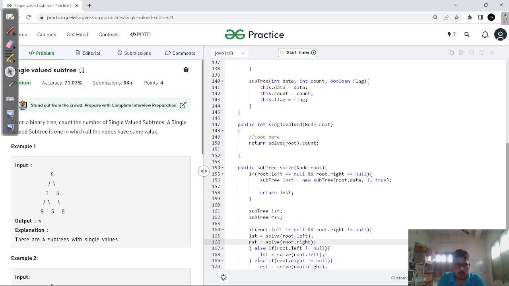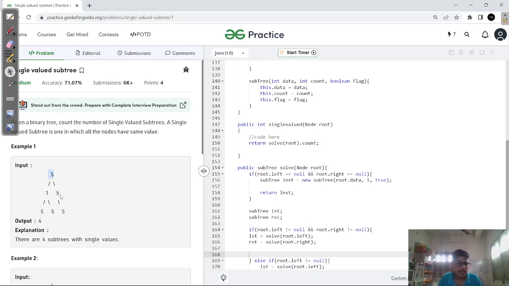Now what do I have to do? I got the results from the left subtree and right subtree. Now I have to give my result, right? Suppose for this one, I got the result from my children. Now I have to give my answer to my ancestors also, because without that, they cannot compute their own result.